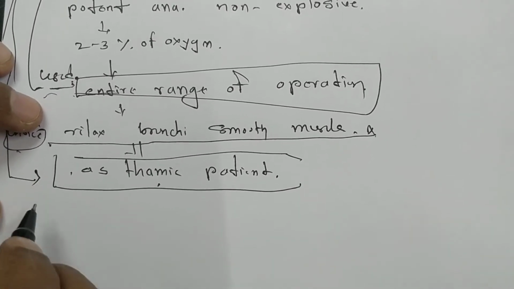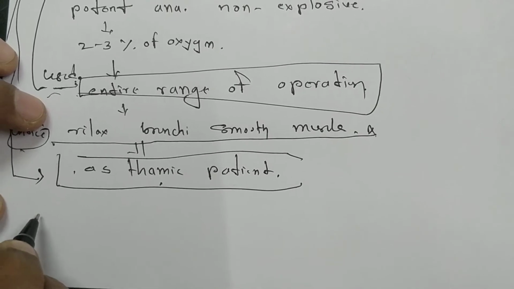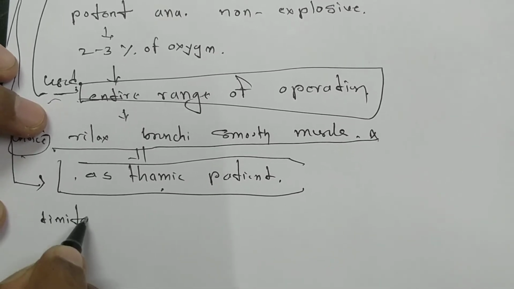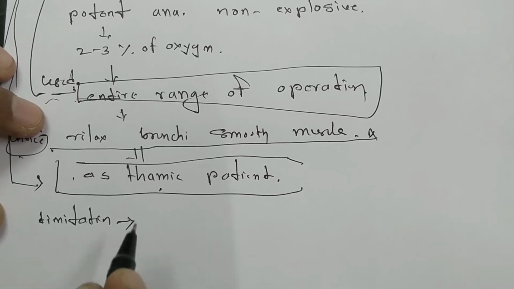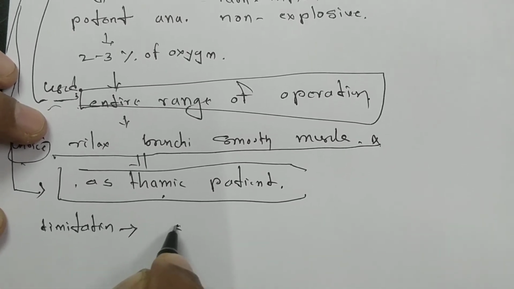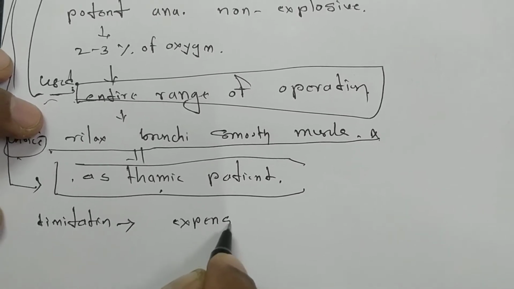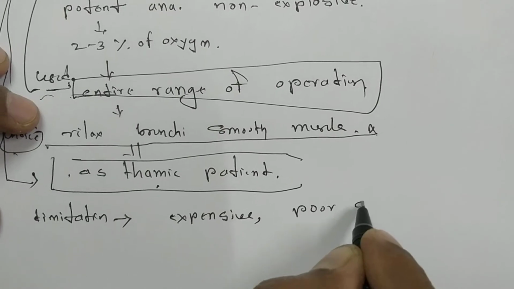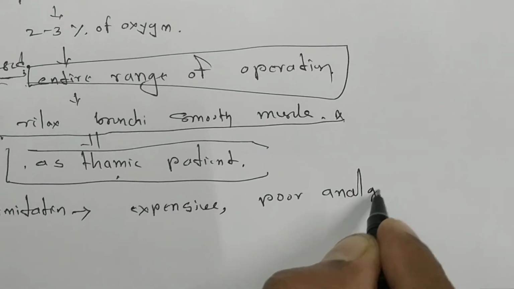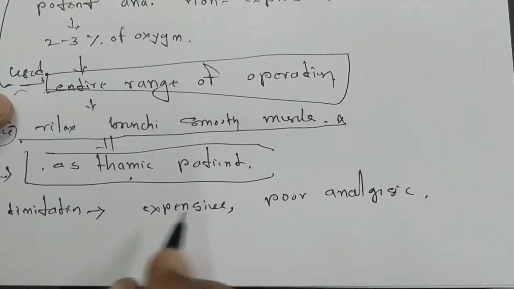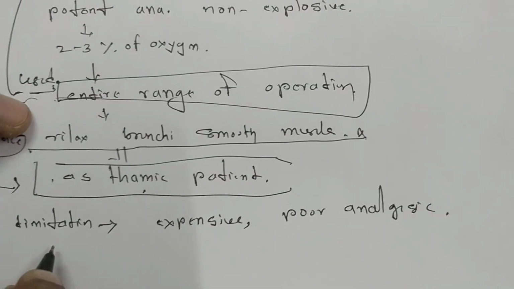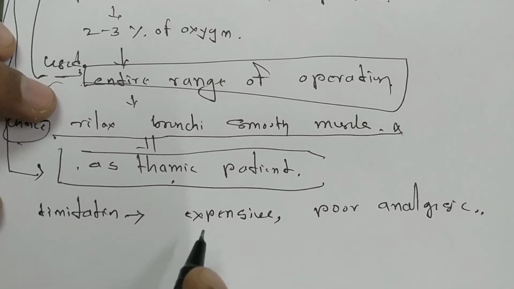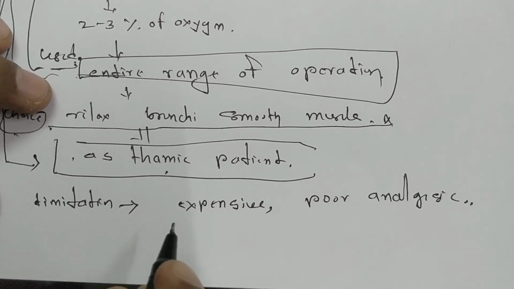Halothane has some limitations. Which are the limitations? It is expensive, very costly. It is a poor analgesic and does not produce adequate muscle relaxation.